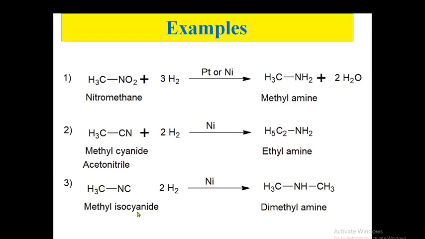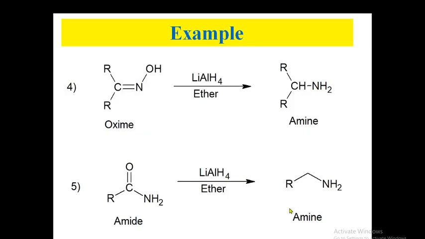If you take methyl isocyanide, then on reduction you will get dimethylamine, that's the secondary amine, and if you take methyl cyanide, you will get the primary amine, and that's the difference here. So cyanides give you primary amines and isocyanides give you secondary amines.